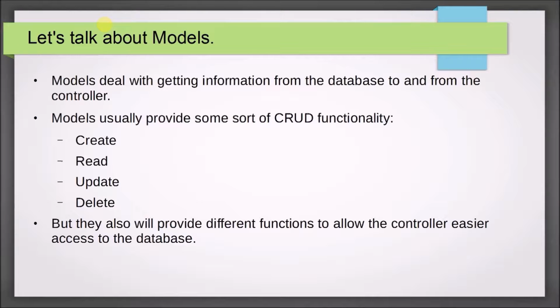Not abstract in the sense of software engineering, but more abstract in functionality than the simple MySQL queries or complex MySQL queries that give a lot more detail for results. So we'll talk a little bit about that, but that's essentially what the model is going to do. And it's not going to worry too much about what's happening. It's just going to be basically someone that gets information from a filing cabinet and brings it to someone else.